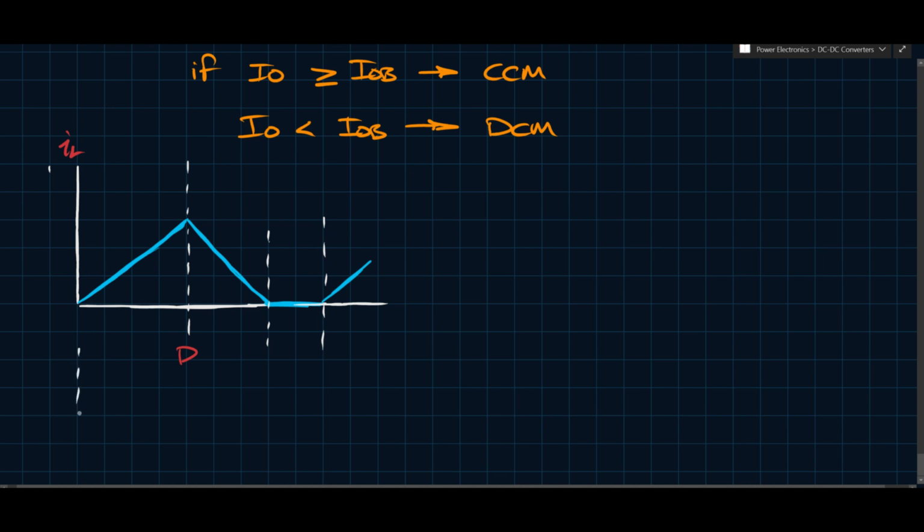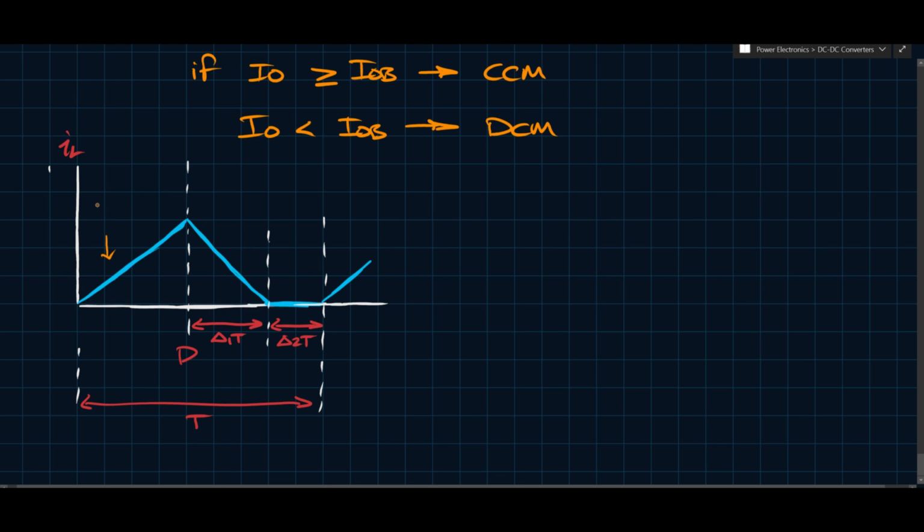If I look at this whole thing, this is T. If I look at this part here, this is delta 1 T. And if I look at this part here, this is delta 2 T. So during delta 1 T, you have this drop, and then in delta 2 T, the inductor current becomes 0, and then here at T, the cycle repeats itself.